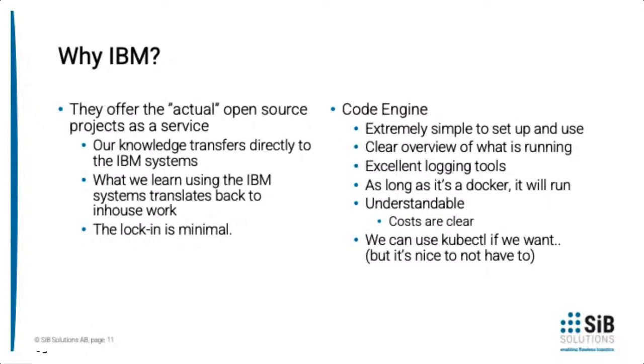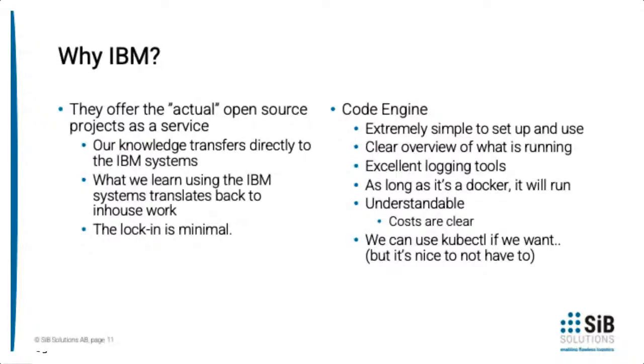Anyway, moving to the next slide: why IBM? We have worked with different cloud vendors, and what we really like about working with IBM is that the services we have, not only Code Engine, are the actual open source services.